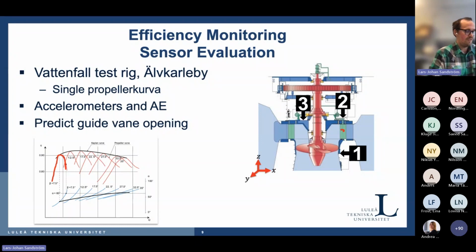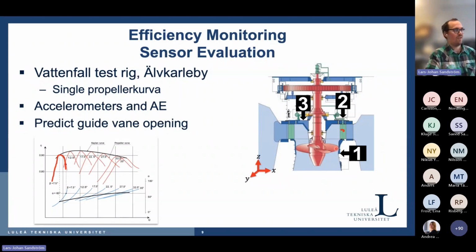And we equipped it with additional accelerometers on the locations that I show here, so near the turbine, on the guide vane axis, and also on the lid of the turbine. We also put an acoustic emission sensor near the turbine as well.